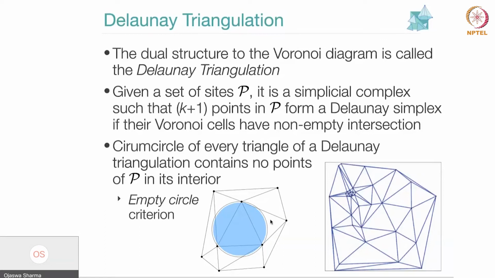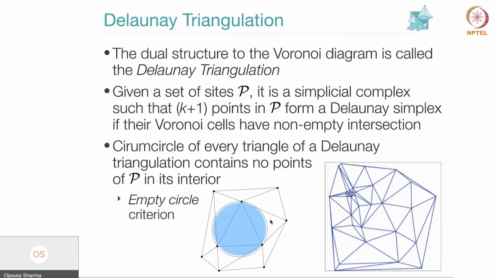So these points are known as sites. The circumcircle of every triangle in a Delaunay triangulation does not contain any fourth point of the sites. And that's Delaunay triangulation. There are algorithms to construct Delaunay triangulation.